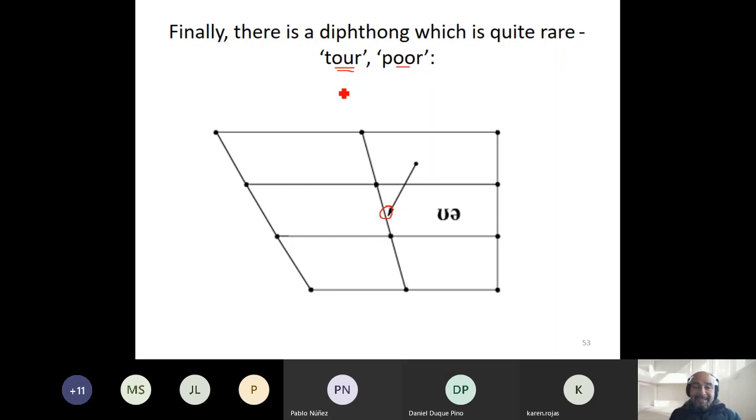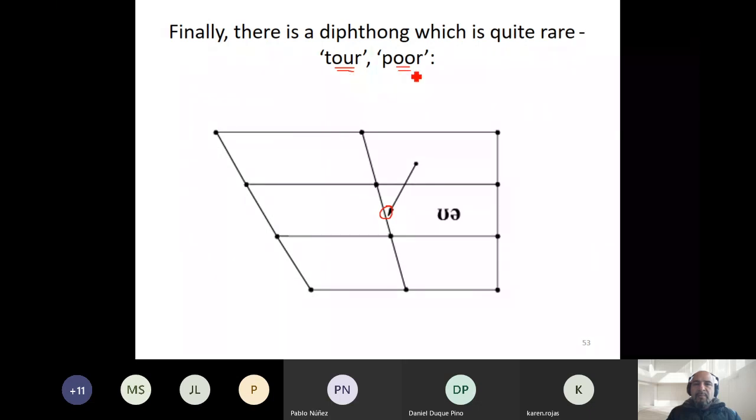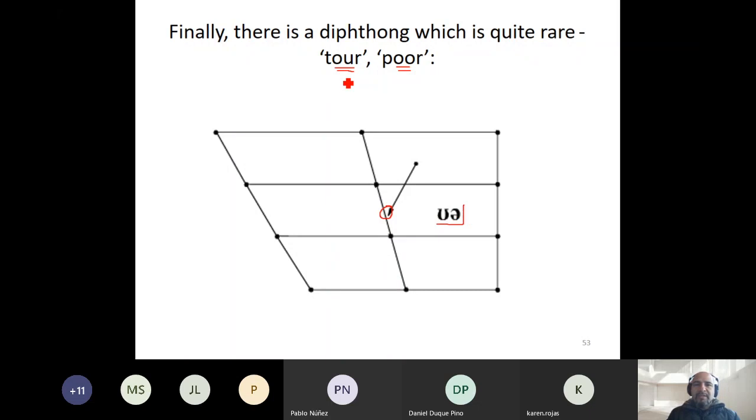I guess we all say tour and poor, but there are some speakers who use this diphthong, and it's good to know, right? I'm not saying you have to say this word as tour and poor. Careful with that. Use it with your accent, okay? But it's good to know it is present for some speakers, tour and poor.